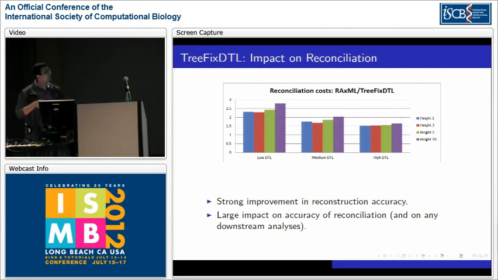So it's telling us that between 25 and 50% of the events are bogus if you do not error correct your gene trees. So it's very important to error correct gene trees.